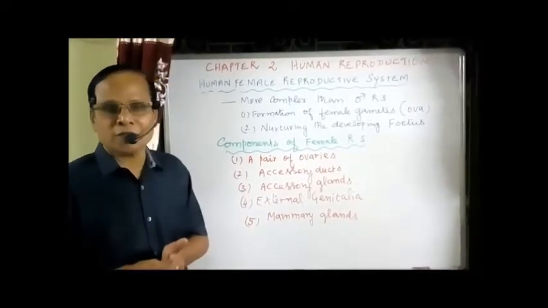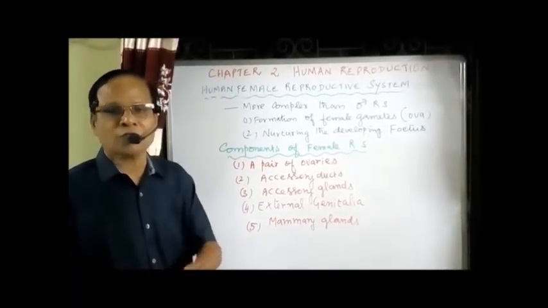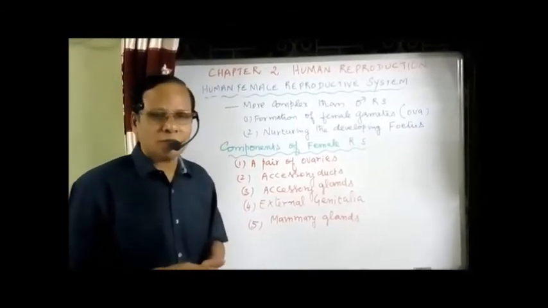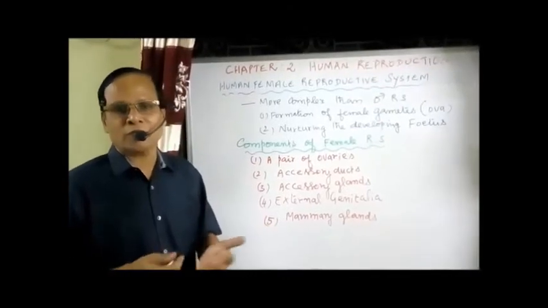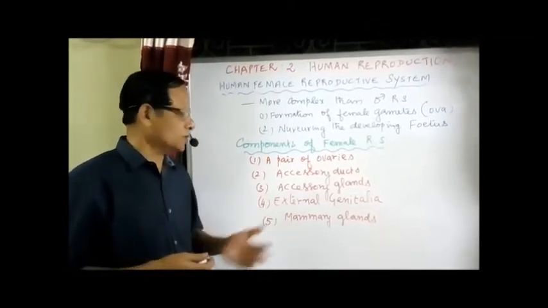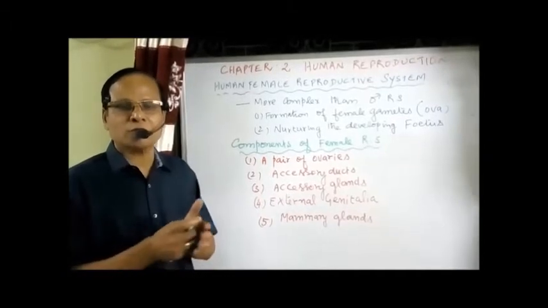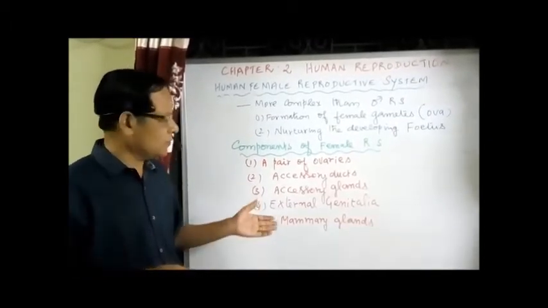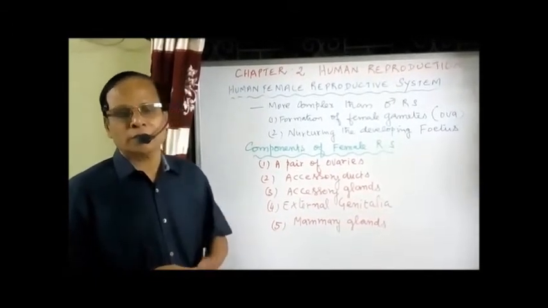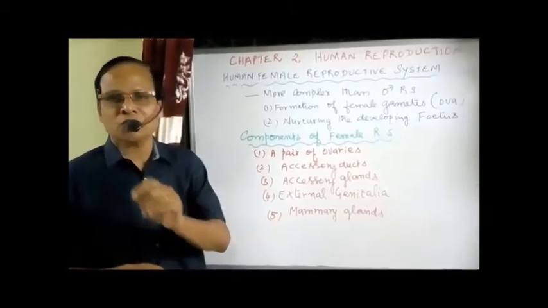The mammary glands are integrated with the components of the female reproductive system structurally and functionally, and assist in various functions: ovulation, the release of the egg, fertilization, pregnancy, childbirth, and childcare.